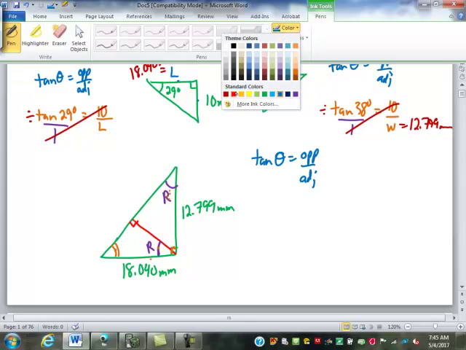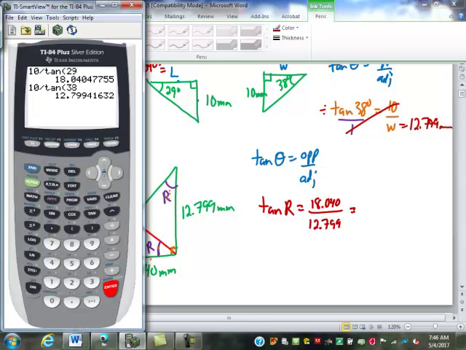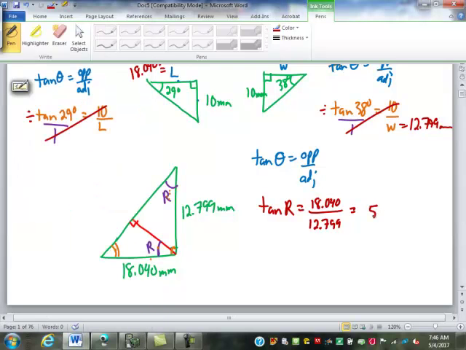I fill in what I know. I am looking for R. I have the opposite side of 18.040 and the adjacent side of 12.799. So it is an inverse tangent, 18.040 divided by 12.799. 54.65 degrees.